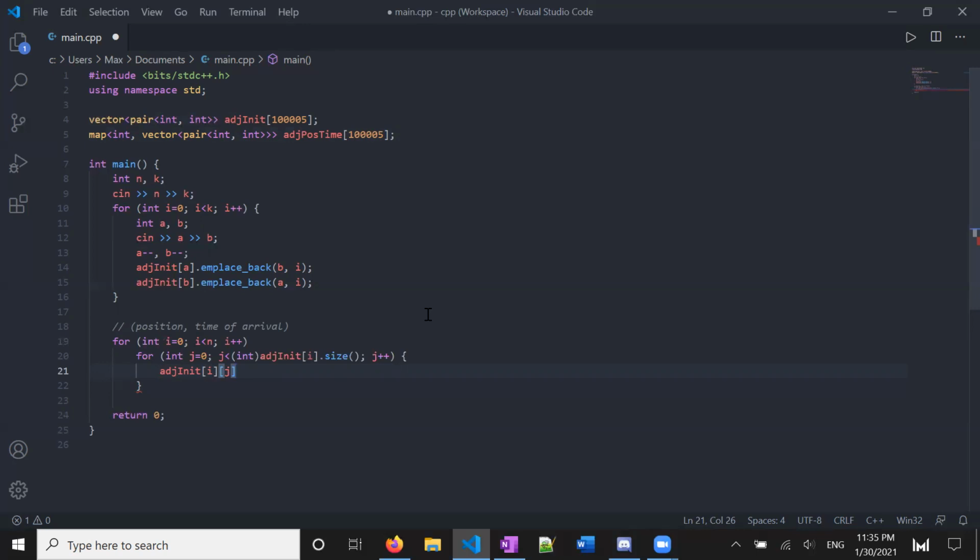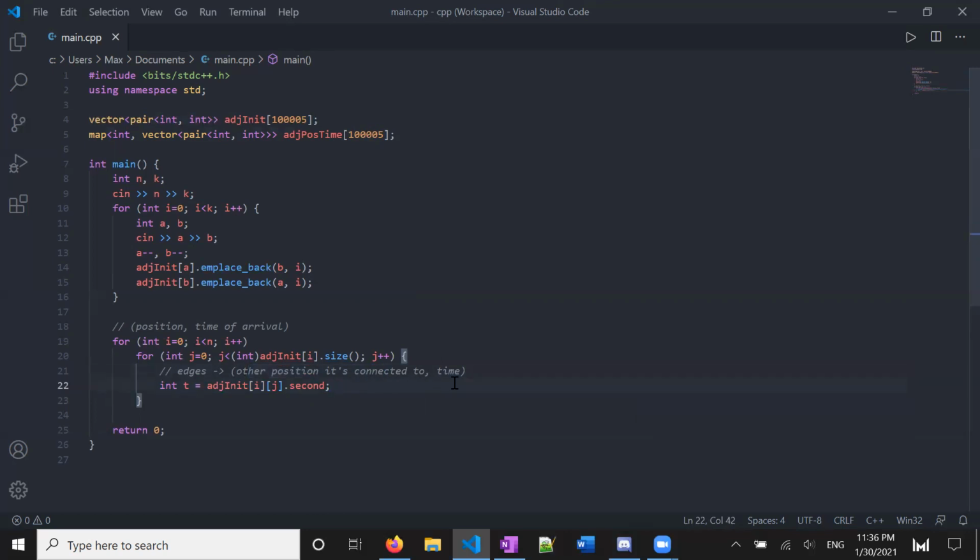Say we just came in, because remember these edges are characterized by the other position it's connected to and the time that this swap occurs at. So the current time that I just arrived at is this, and it just came from this other position.